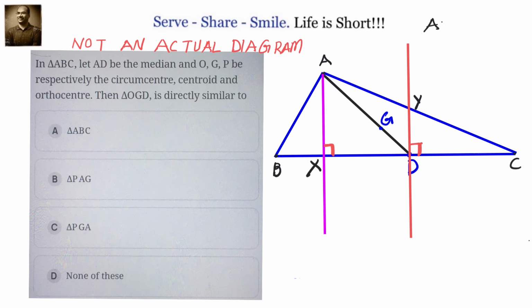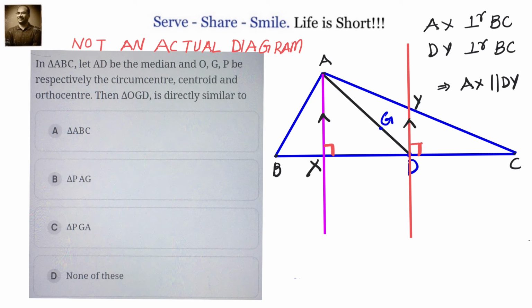We are saying that AX is perpendicular to BC because it's an altitude. Similarly, DY is perpendicular to BC because it's a perpendicular bisector. It should be at 90 degrees to BC. This tells us that AX is parallel to DY. That is interesting. Now we got two parallel lines, and remember, whenever there are parallel lines, there is always a scope of having similar triangles. So let's go ahead with that.